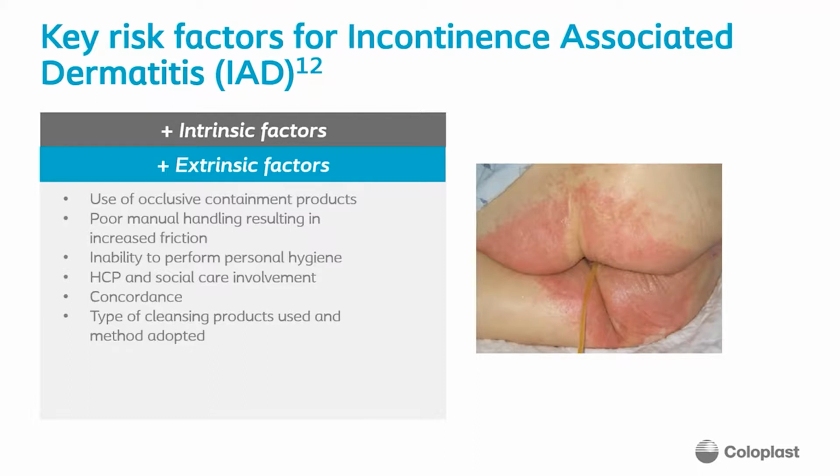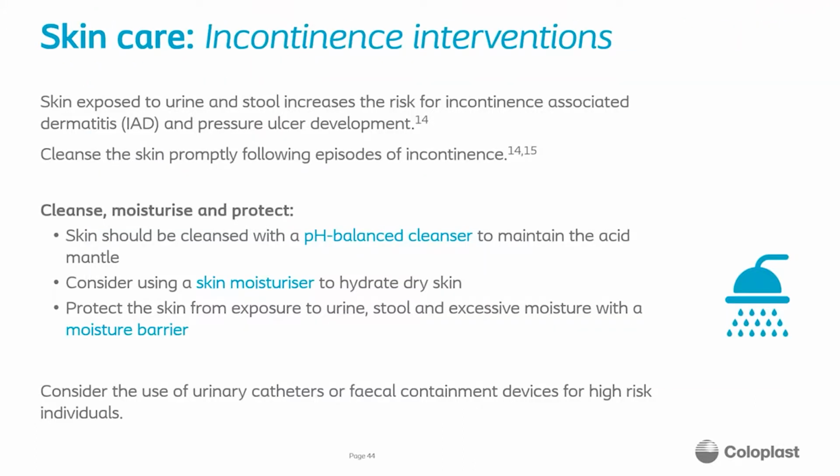They may have problems with mobility and getting to a bathroom, for example. So they may need some support and help to try and regularly cleanse the area and dry the area. Poor manual handling, again, with increased friction and shear, can cause higher risk level of damage to this area. So all things that we should be considering.